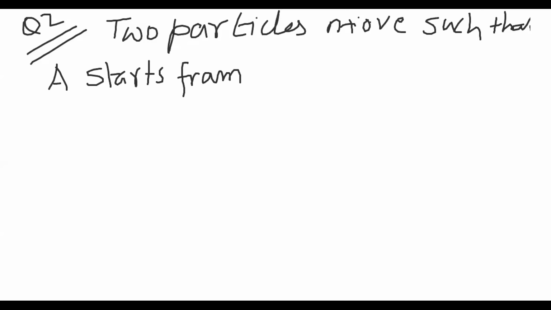So we have two particles that move such that A starts from -20, 0, moves with velocity 2 i cap meters per second.